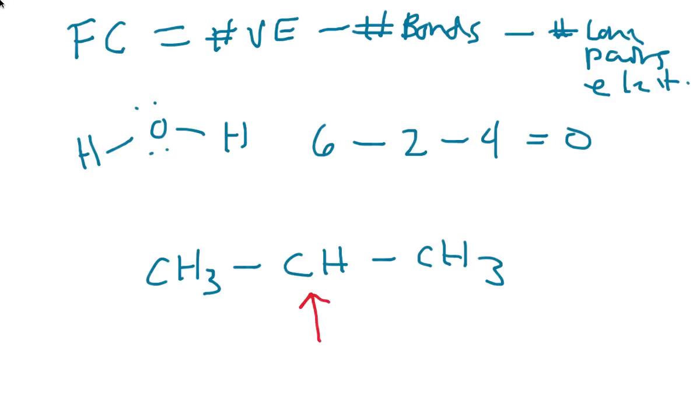Okay. Valence electrons for carbon, 4, minus how many covalent bonds? 3. Okay. Non-bonding electrons on there? No, there are no electrons on carbon. I didn't draw 2 electrons. So that equals plus 1.